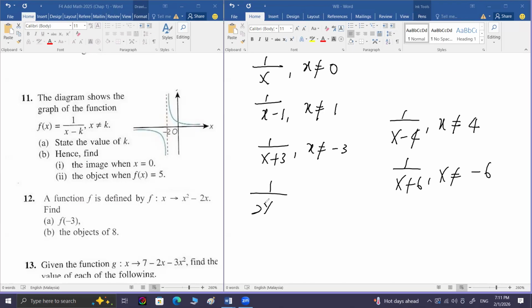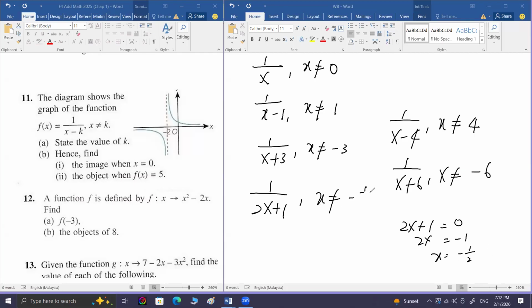Now, 1 over 2x plus 1, x cannot be? If we shift the 1 over, it becomes negative 1, then shift down, negative 1 over 2.